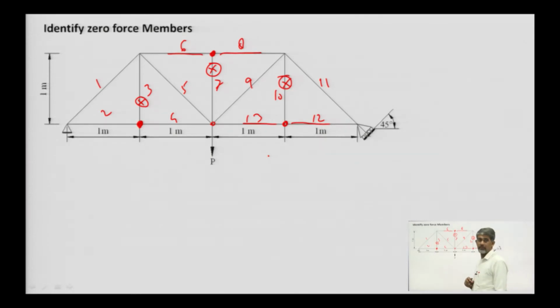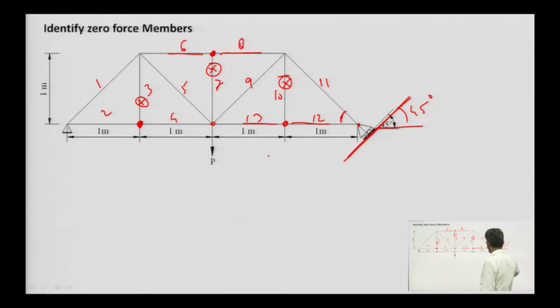One more thing, since at this joint, the support is inclined with an angle of how much? 45 degrees. Okay.